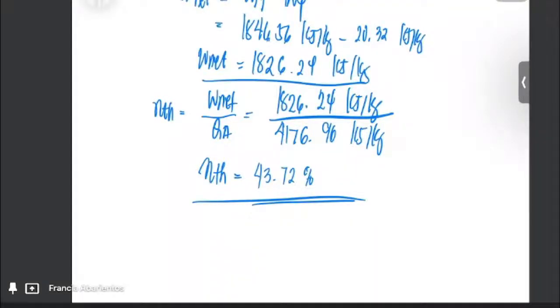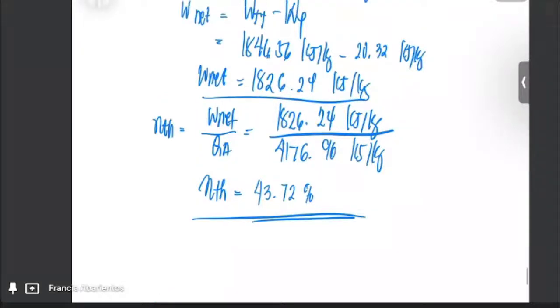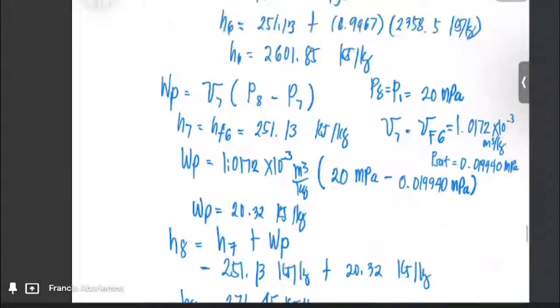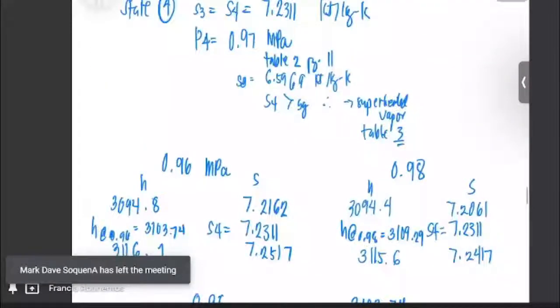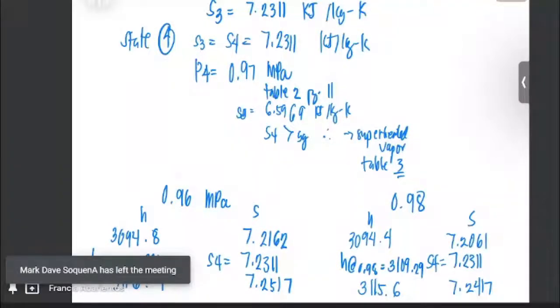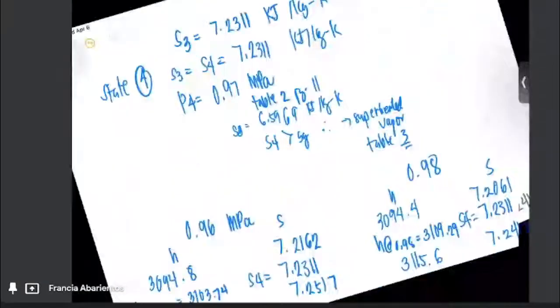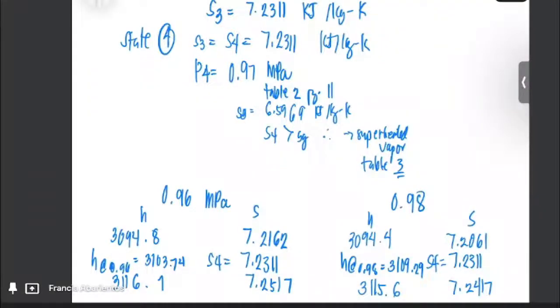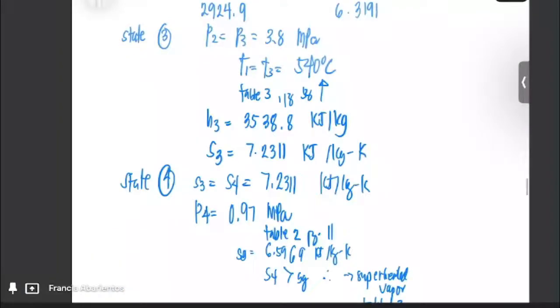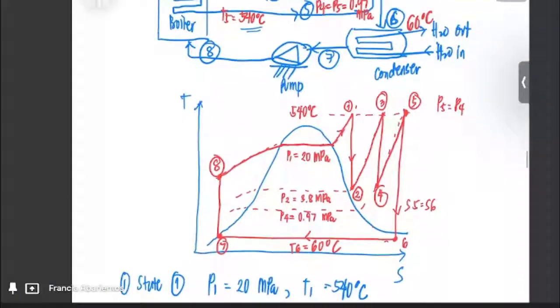Ayan, thank you. Ayan, class. So that is now the efficiency. This is now the thermal efficiency of a two stages reheat.